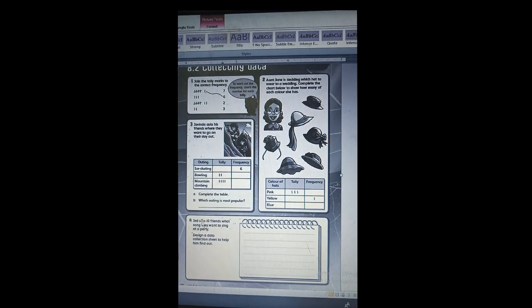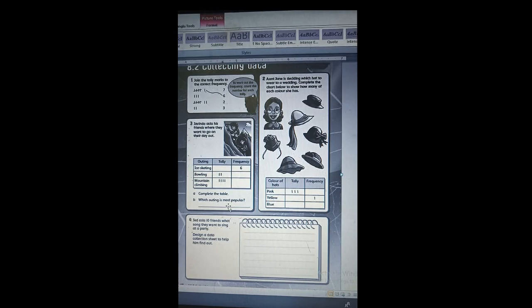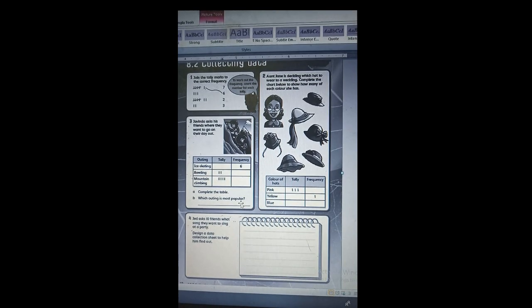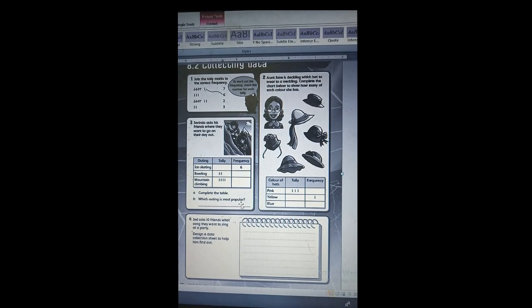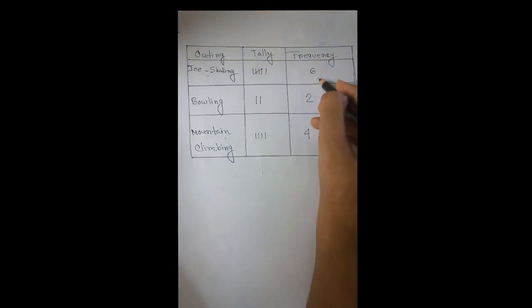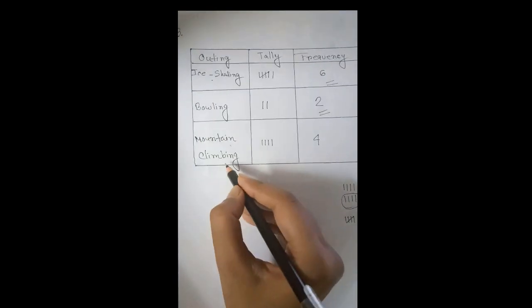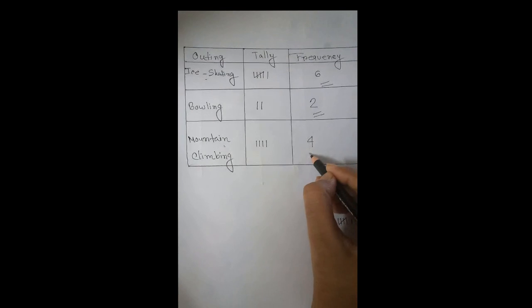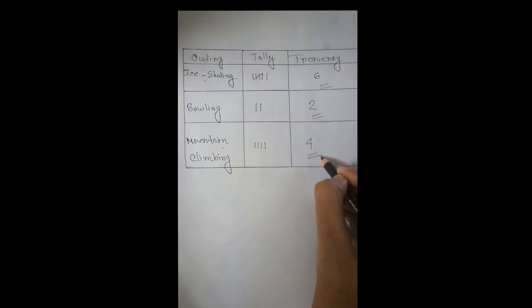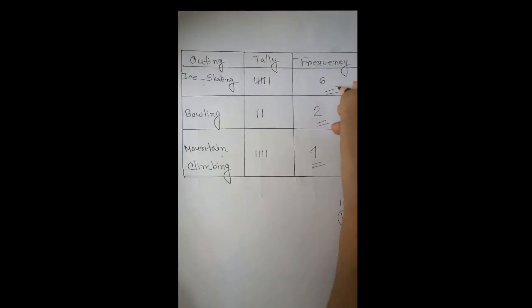Number B is which outing is most popular? Which outing is most popular? Now look at here. Here ice skating is 6, bowling is 2 and mountain climbing is 4. So ice skating is most popular.